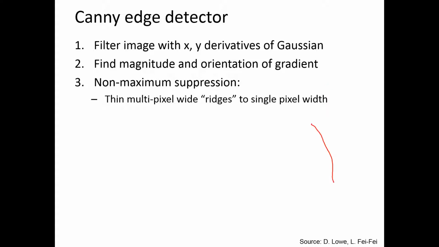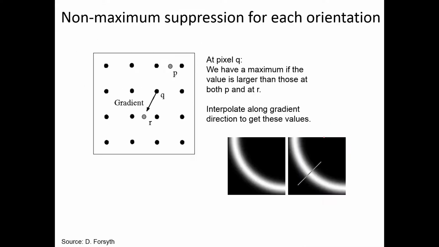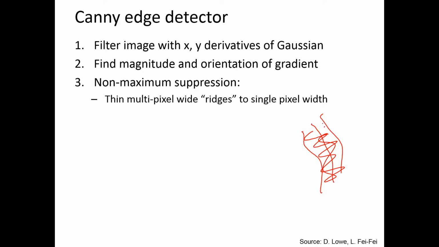You have an edge like that, but eventually you detect something like this as the entire edge. That's not really desirable. So what they do is pretty simple: they try to suppress everything that doesn't look like a maximum. If several of these pixels are considered edges, it will look into each of them to see if they are really a maximum.